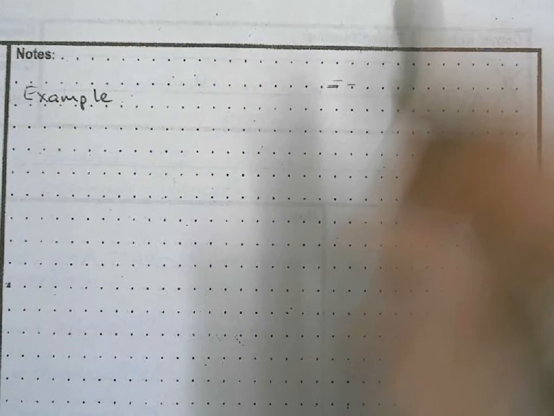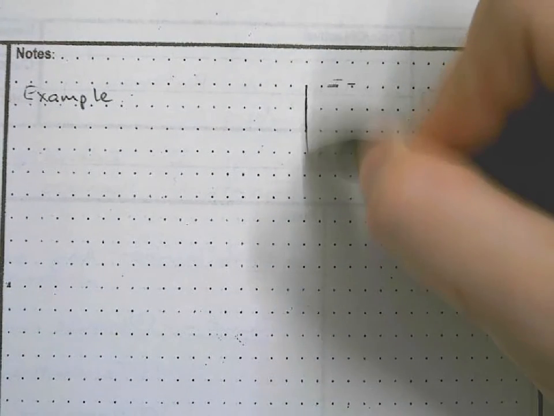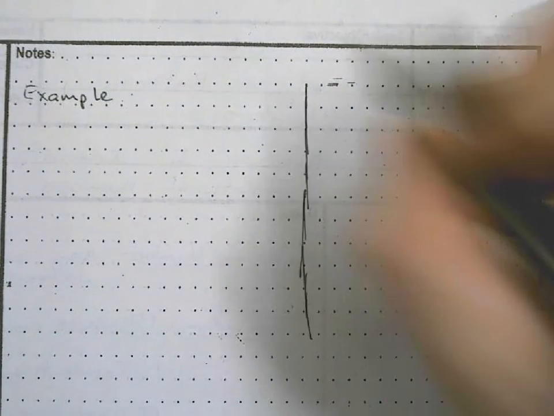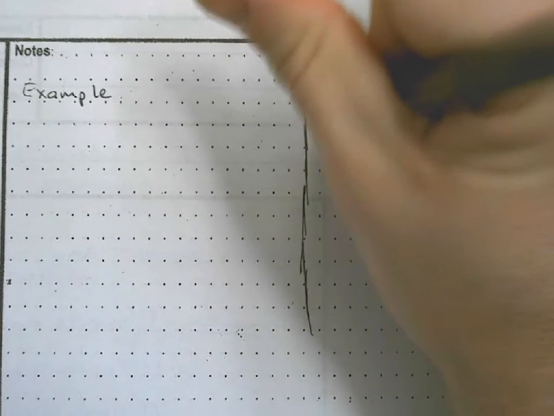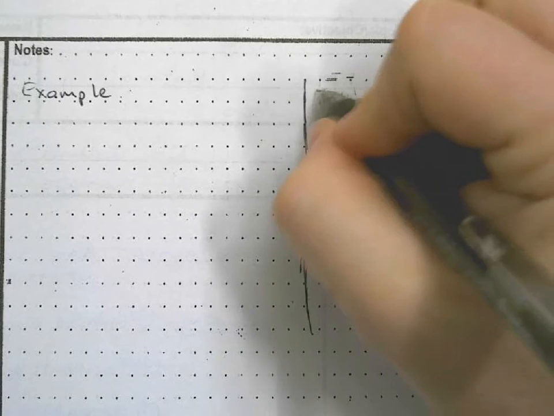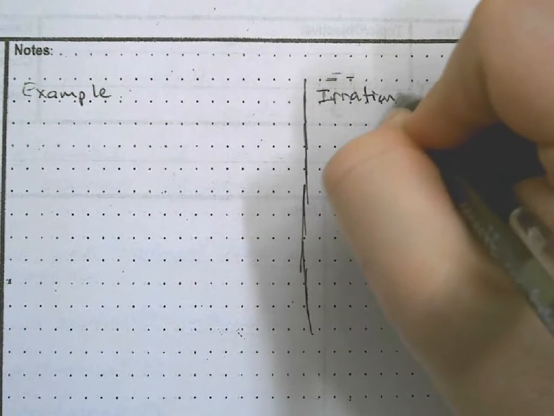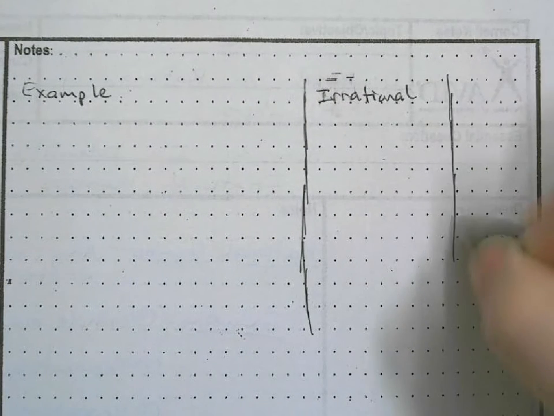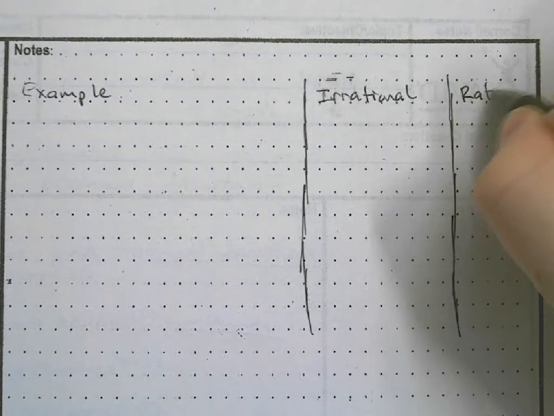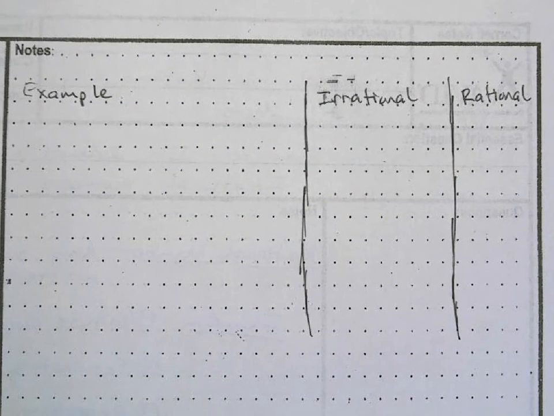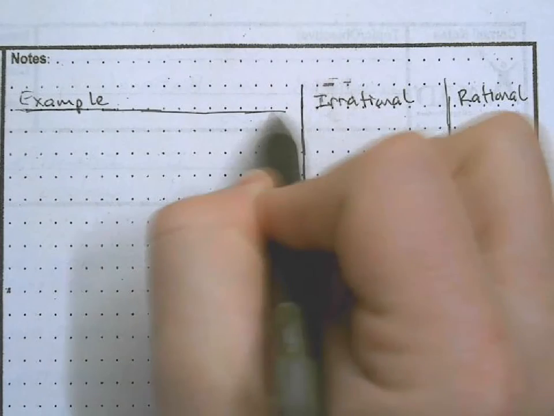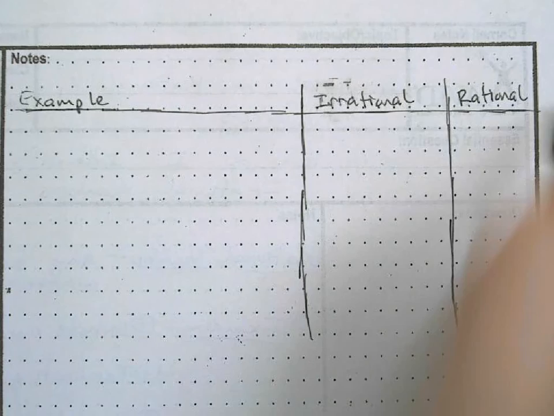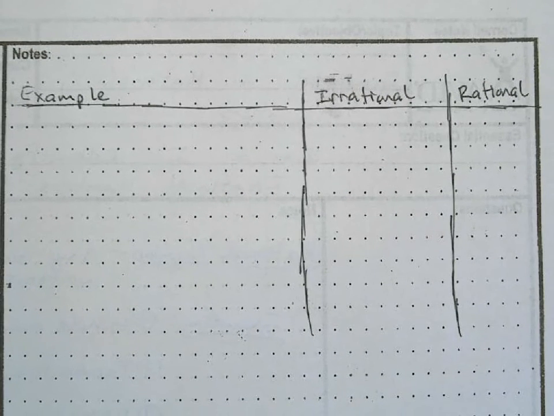It's probably going to go almost halfway to 2/3 of the page over. Put a line. And then we'll put irrational and rational. And we'll make it look just like this. So I'll have an example, and then we'll decide if it's irrational or rational. And we'll do that in class.